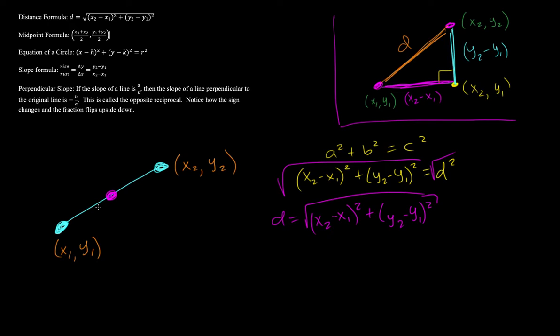And we have a formula for finding that, but really all it is we're just adding the x's together and then dividing by the number of x's that we added. So it's really just an average of the x's, and then we add the y's together and then take the average. So it's really just the average of the x's and the average of the y's. And this is the midpoint formula.